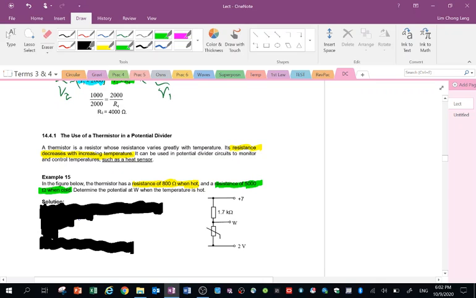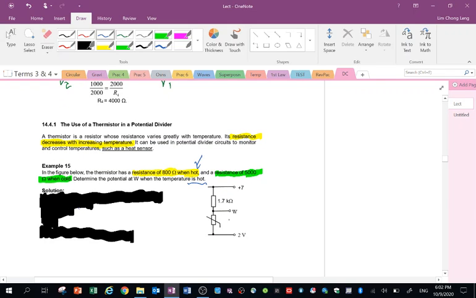So it's the reverse. Determine the potential at W when the temperature is hot. So the focus here is when temperature is hot. When temperature is hot, the resistance here is actually 800. Let me write down 800 ohm. To find the potential at W, I will find the PD V1 first.